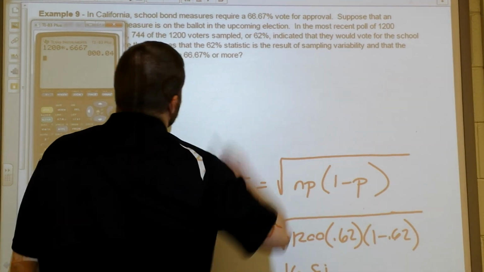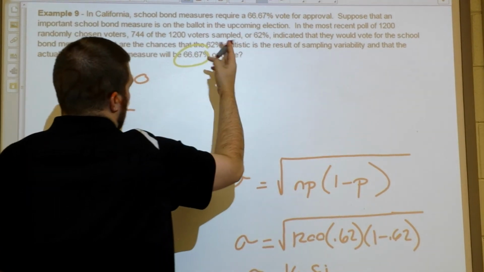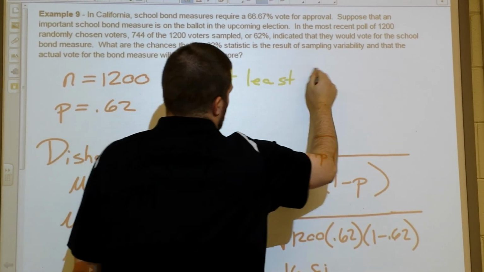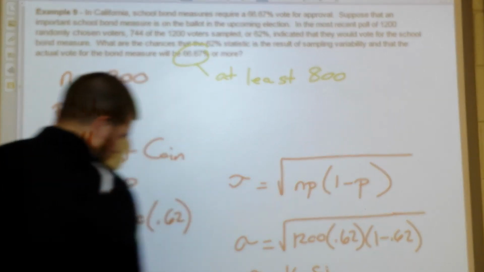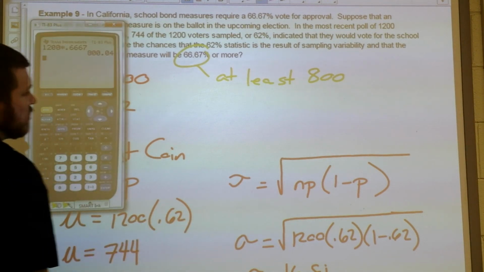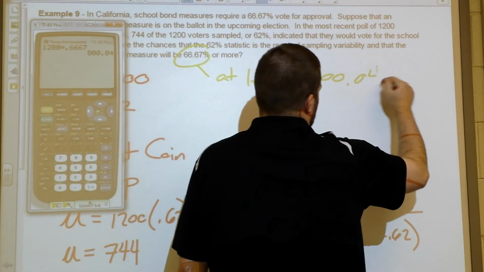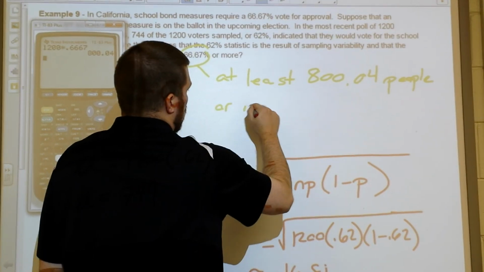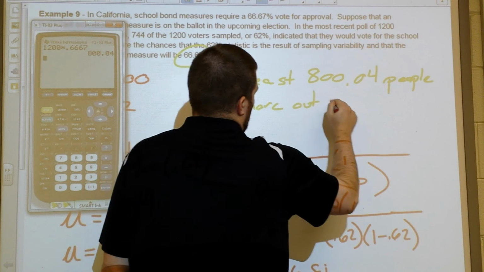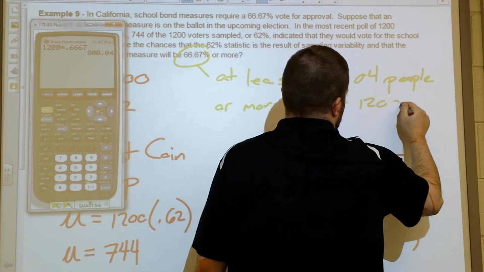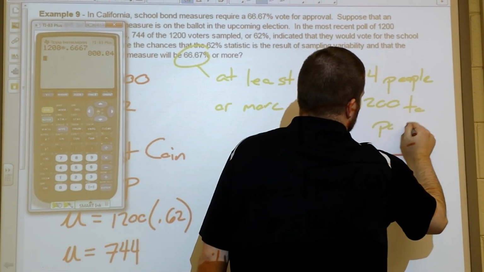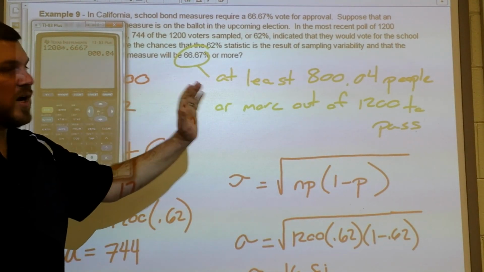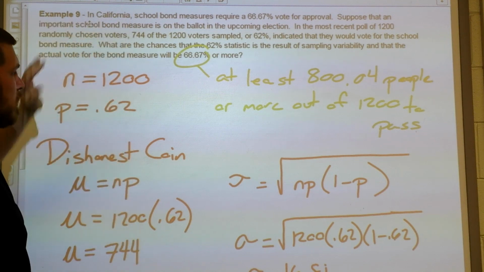So what that means is we need at least 800.04 people or more out of 1,200 to pass. So at least 800.04 people must say yes to pass.